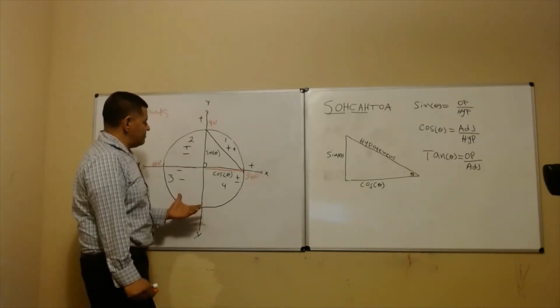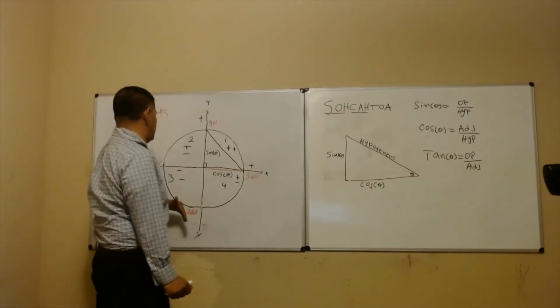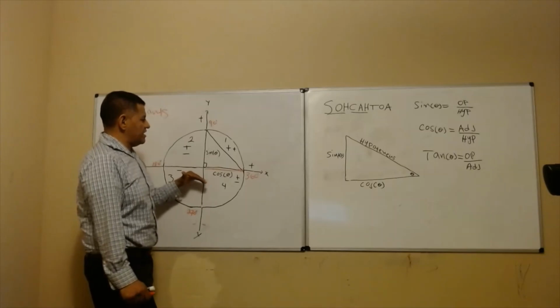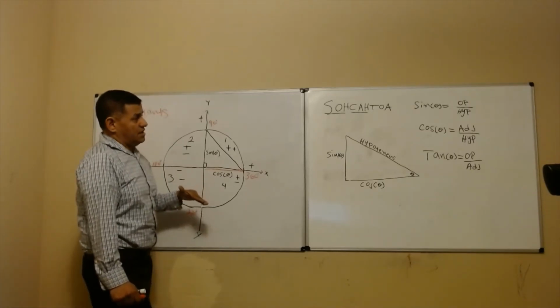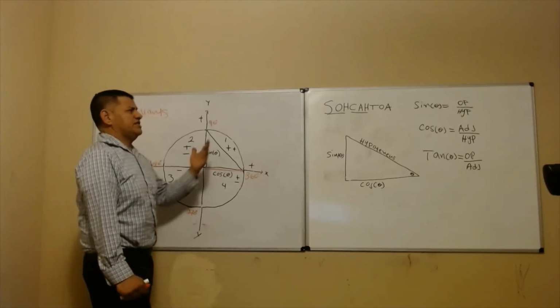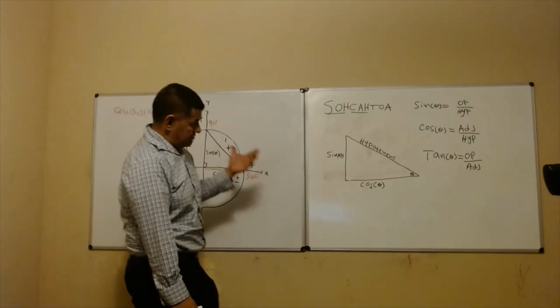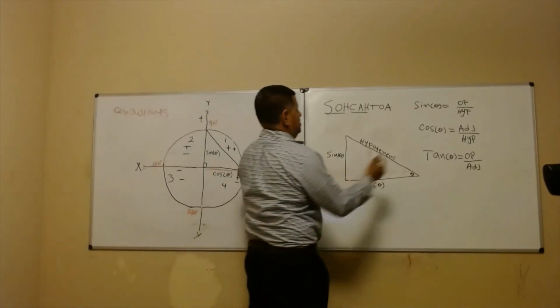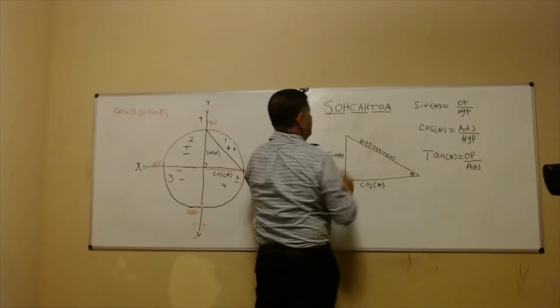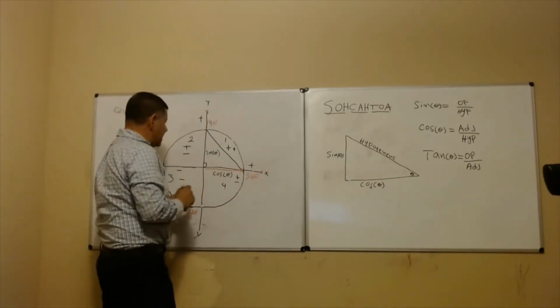For the meantime, I just want to do the introduction today of how trigonometric functions can be used for different types of calculations. In electrical engineering, these types of functions are very useful.